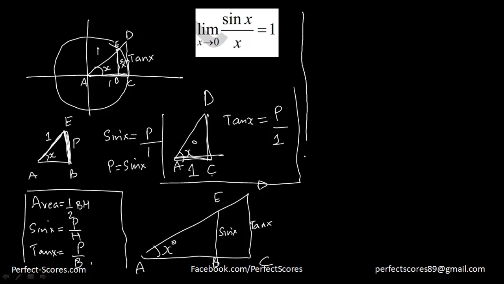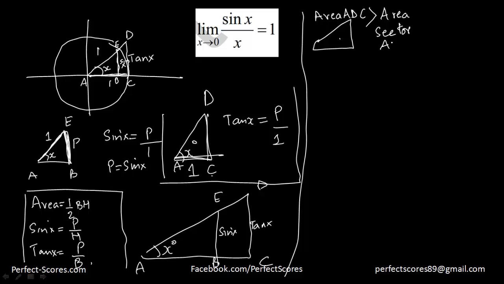I'm going to start with an inequality here. That is that the area of ADC, which is this bigger triangle, is greater than the area of the sector of the circle A, E, and C, which is this area, which is greater than the area of AEB, right?